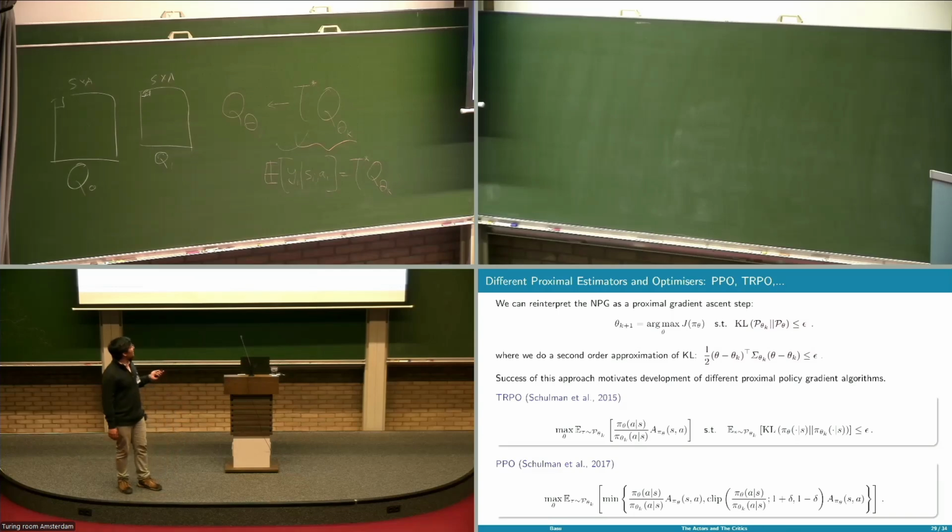Basically I try to bound the ratio so that everything after stays bounded. So if you see, this first term remains the same. But this second term is basically, in a hard way, you are trying to bound the ratio so that the KL will be bounded. So roughly the KL will be bounded by a log of delta, because the KL is the expectation of the log of this ratio.